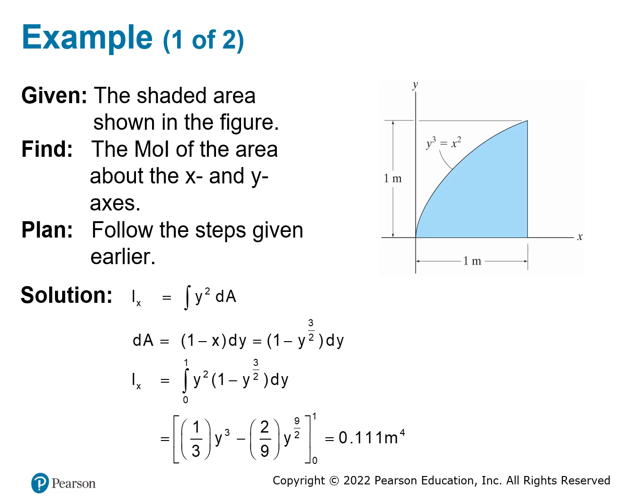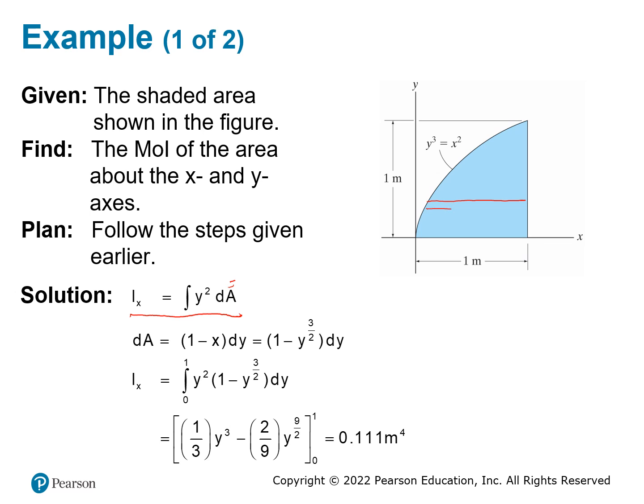So we begin with a slice. If we wanted to calculate I sub x, which way are you going to slice this element? If you are trying to find out how it rotates about the x-axis, you will go horizontal. You're not going to go vertical.